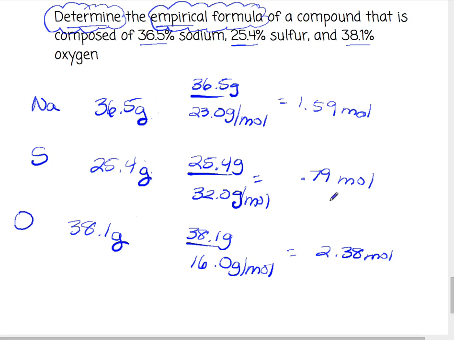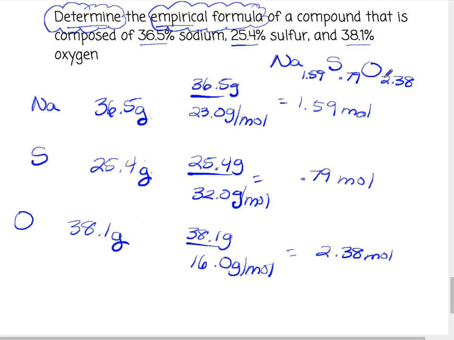Okay, this again is our molar ratio. It's the ratio of moles in my compound. So I know that I have sodium with 1.59 as its subscript, sulfur with 0.79 as its subscript, and oxygen with 2.38 as its subscript.